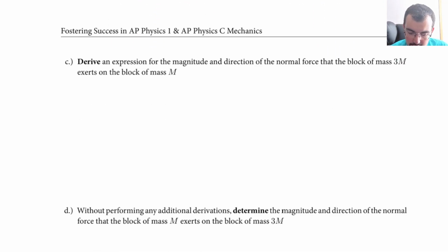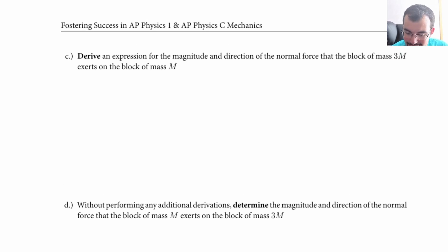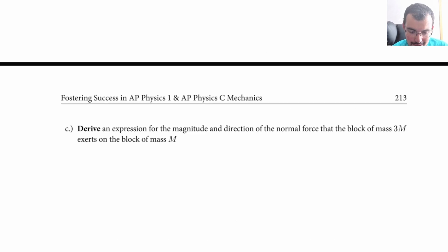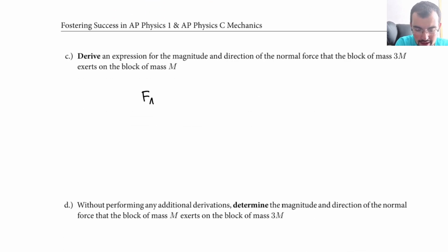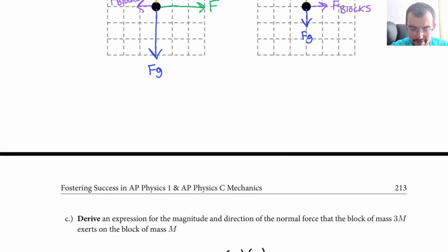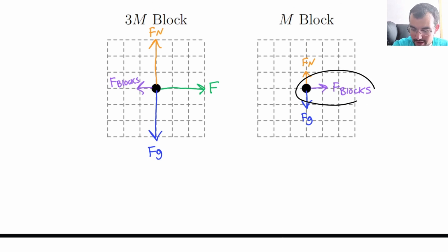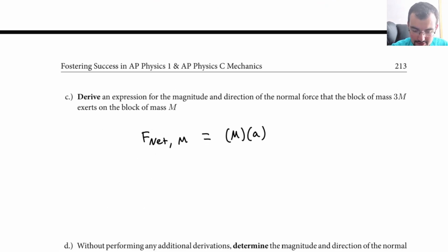All right. Let's derive an expression for the magnitude and direction of the normal force that the block of mass 3m exerts on the block of mass 1m. Well, we know that F net on mass m would be equal to its mass, 1m, times its acceleration. The F net on the 1m block is literally just F blocks.